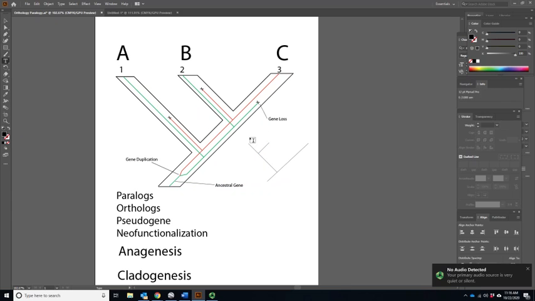I'll put the numbers in here. So genes 1 and 2 share a more recent common ancestor than genes 3. So notice in this case, our gene history, because we have a mix of paralogs and orthologs, doesn't match our species history. So that's just one example.